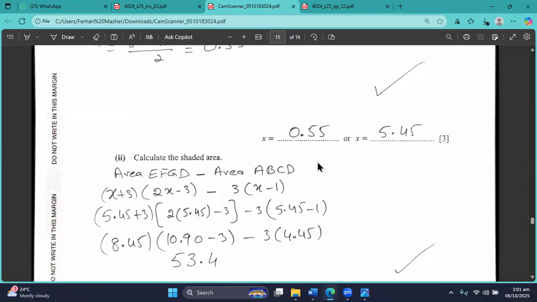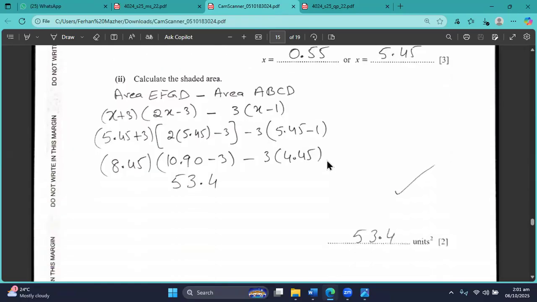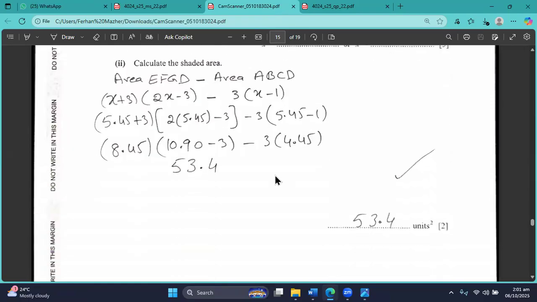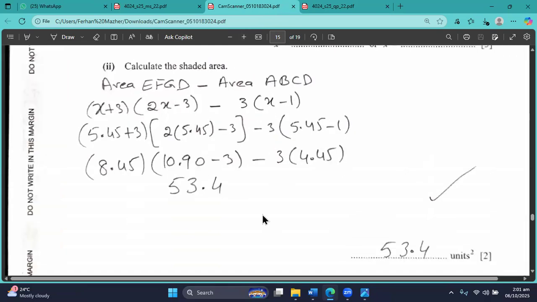Now, if you want to find the area of EFGD minus the area of ABCD, the area of EFGD is (x plus 3) into (2x minus 3), minus 3 into (x minus 1). In the place of x, I will put 5.45.